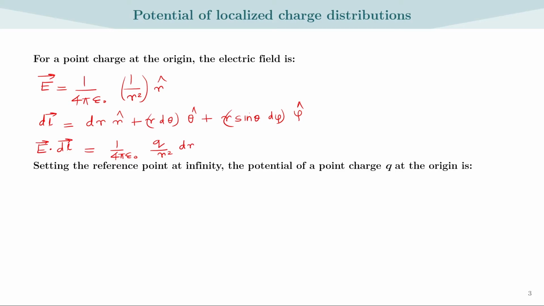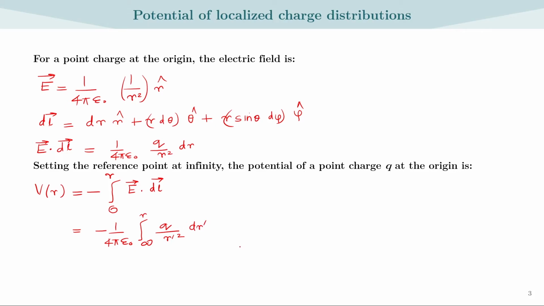Now, setting the reference point at infinity, the potential of a point charge q at the origin can be calculated to be V(r) equals negative of integral from O, which is the reference point, to r of E dot dl. So this is the standard equation, and when we supply the limits, this will be 1 over 4 pi epsilon 0 integral from infinity to r of q divided by r prime square dr prime.